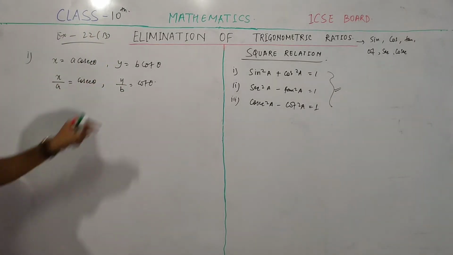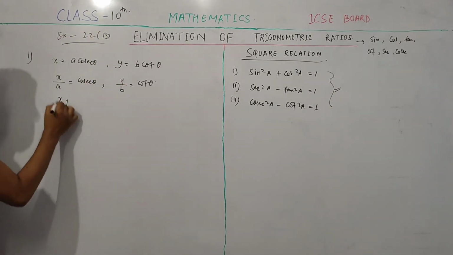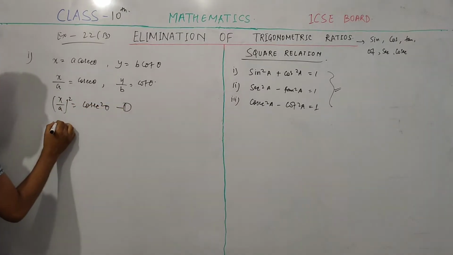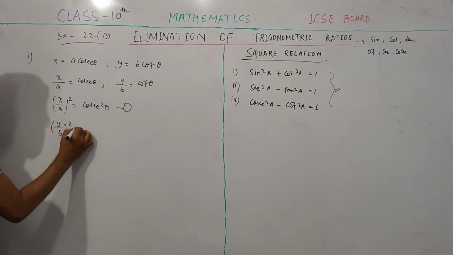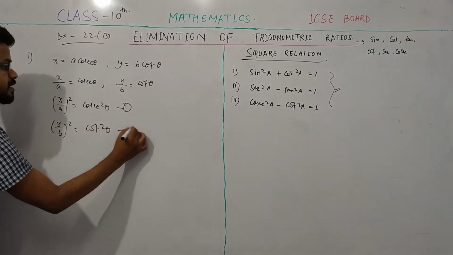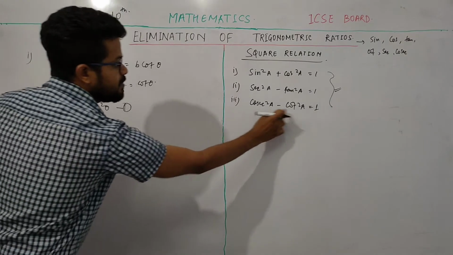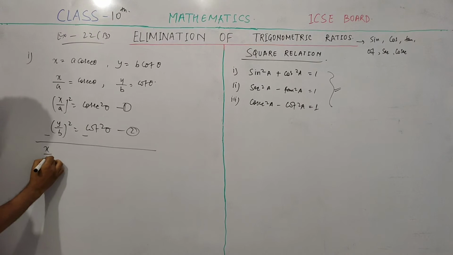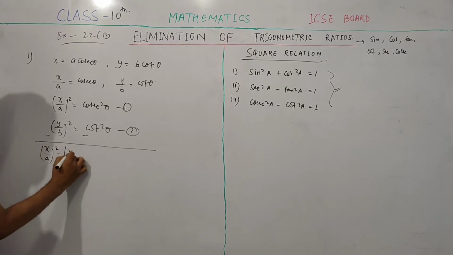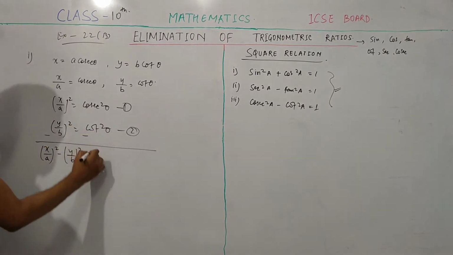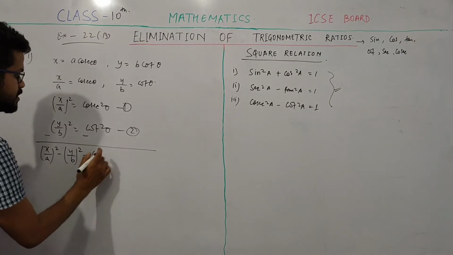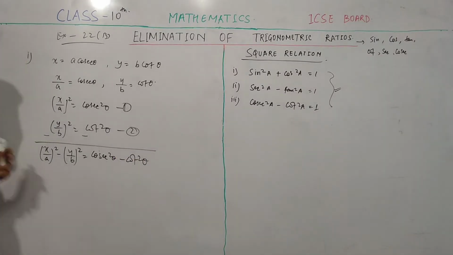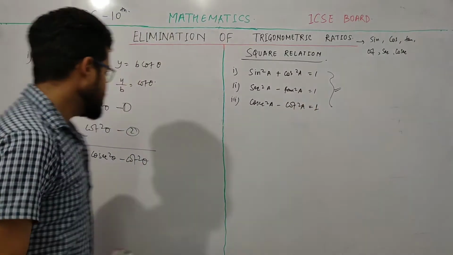Okay, now how do I get this relation? We just take a square on both sides. x by a whole square is equal to cosec square theta, this is 1, and y by b whole square is equal to cot square theta, this is 2. So we simply subtract both equations. So this is x by a whole square minus y by b whole square is equal to cosec square theta minus cot square theta, and this cosec square theta minus cot square theta is 1.